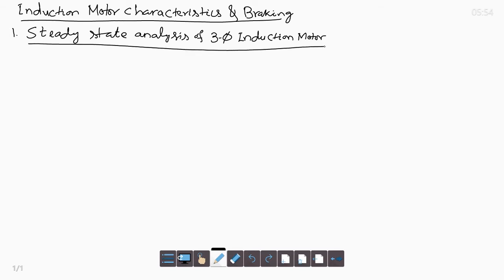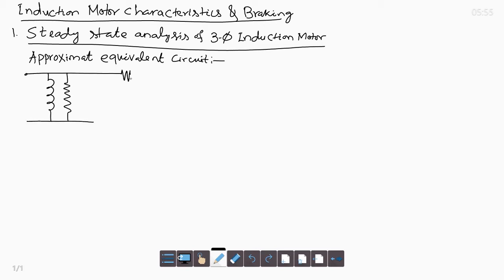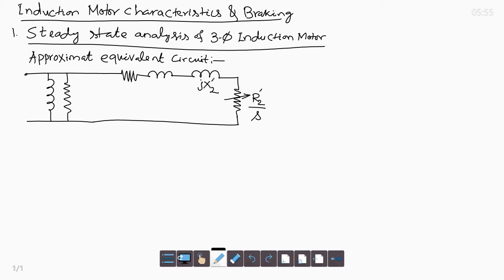So, for steady state analysis we can use the approximate equivalent circuit as shown. At the extreme right we have the resistance R2 dash by S and the reactance jX2 dash for the rotor.